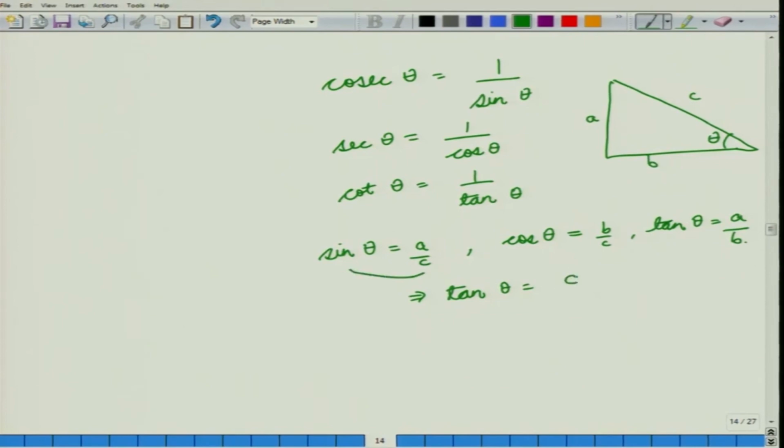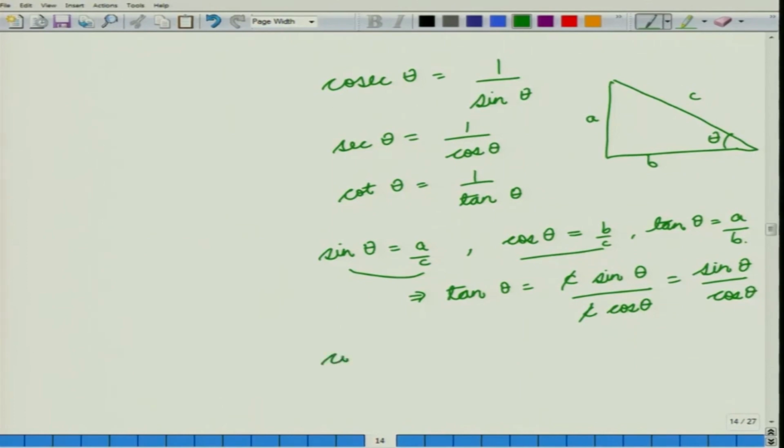So, A is C sin theta and B we can take from here, B is equal to C cos theta, C and C get cancelled out. So, tan theta equals sin theta upon cos theta.